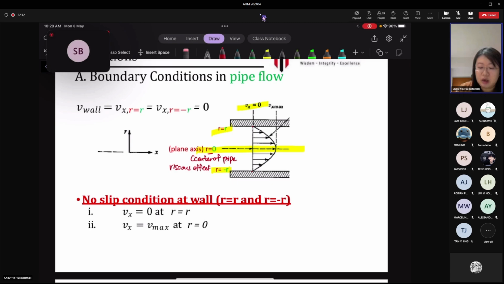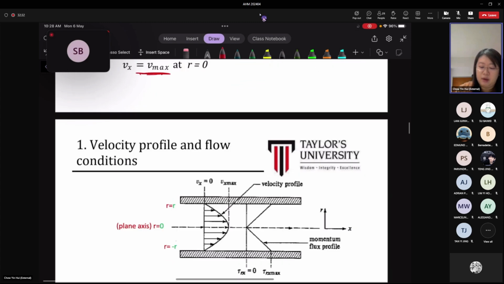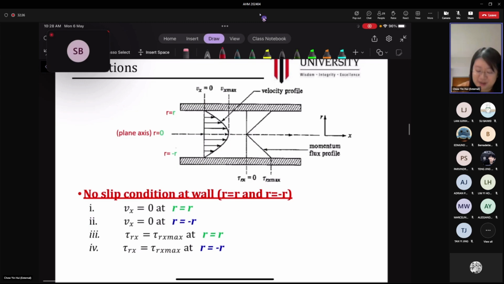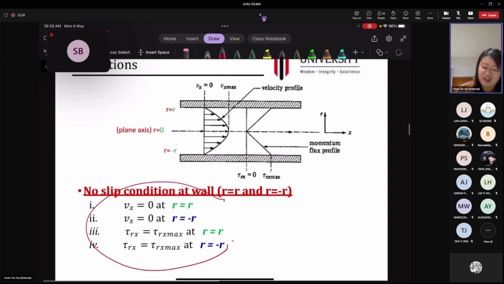That's why the fluid travels at the maximum velocity. You can see the magnitude of the velocity, this arrow here, in the velocity profile. This is just a summary.